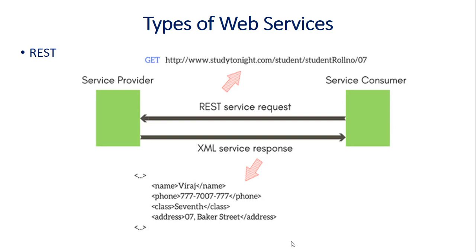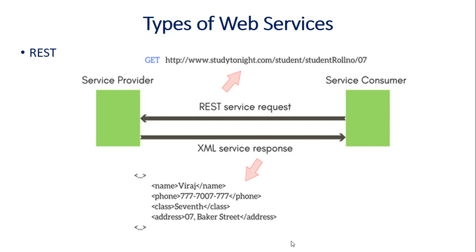REST is an architectural style for developing web services and it is getting popular recently because it has a small learning curve when compared to SOAP. Resources are core concepts of RESTful web services and they are uniquely identified by their URIs. Assume, for example, in a RESTful architecture, there is a URL which goes something like http://server address/student/rollnumber/07.